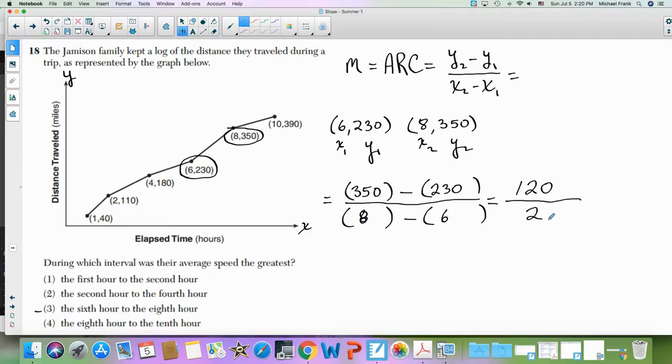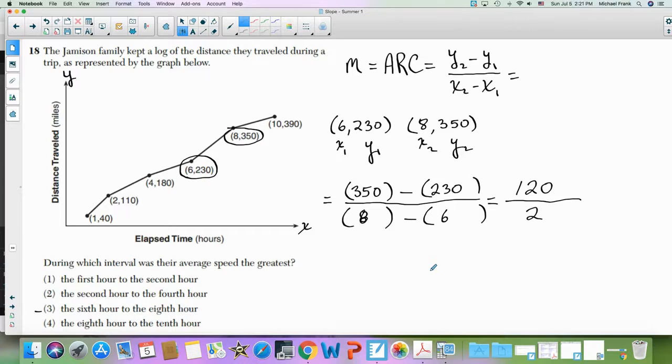Now, if you want to put this into context, we know that these y's were distance traveled in miles, and we know that our x's are the amount of hours which have elapsed, right? So if we want to understand our first part of the answer here, we could easily convert it into 120 miles were traveled in 2 hours.